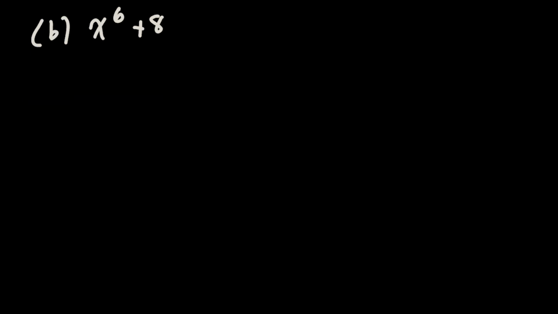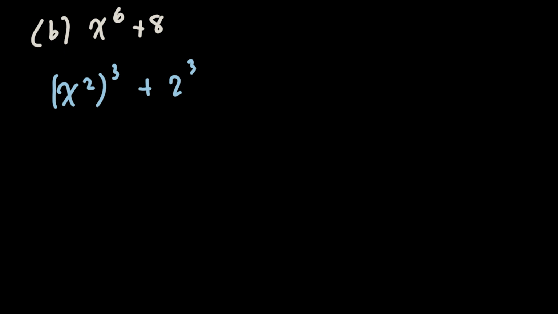Let's see part B. We have this expression here and we want to factor it, so we can rewrite it in another form. We can say x to the power 2 all to the power 3 plus 2 to the power 3. So now we have the sum of two cubes.